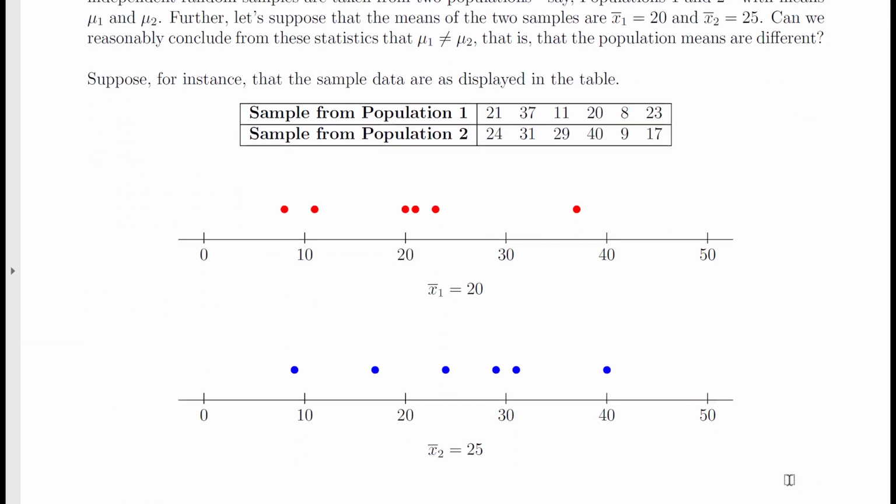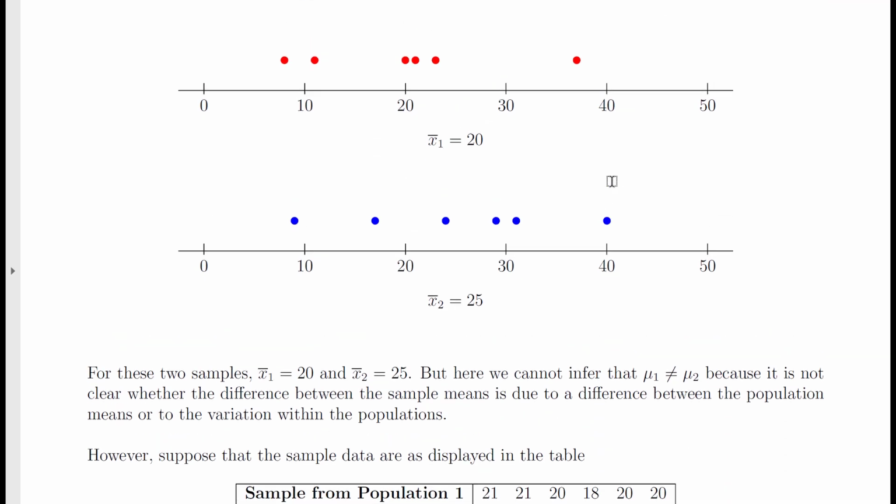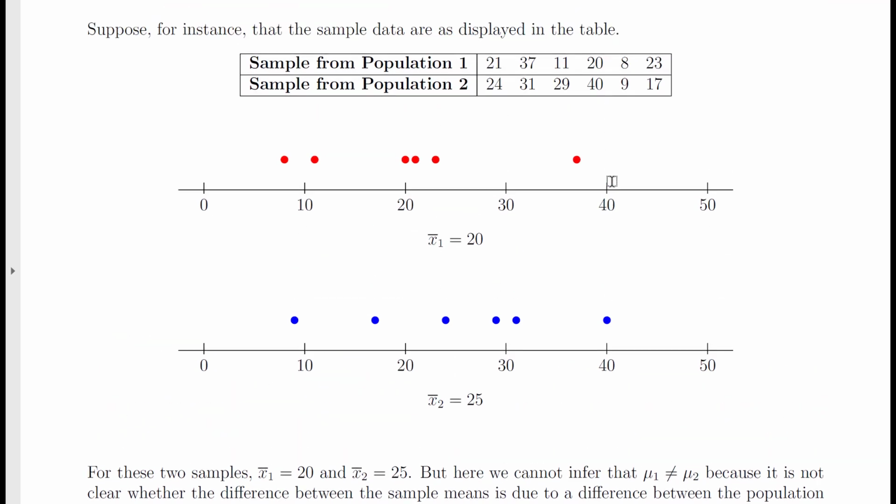I'm going to kind of skip over the logic behind the test right here, simply because we've looked at examples like this before where we compare 2 populations. They have different means. We're trying to establish whether or not their means are equal or not equal. In this first example, the way the data is spread, you cannot make the claim one way or another that the 2 means are equal or not equal.